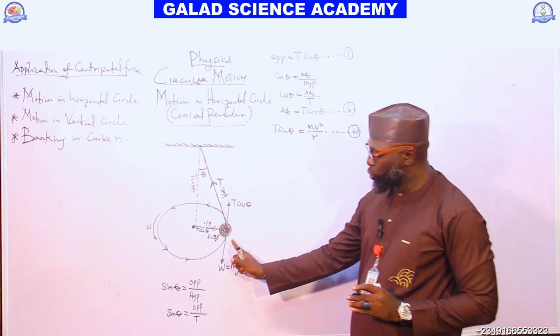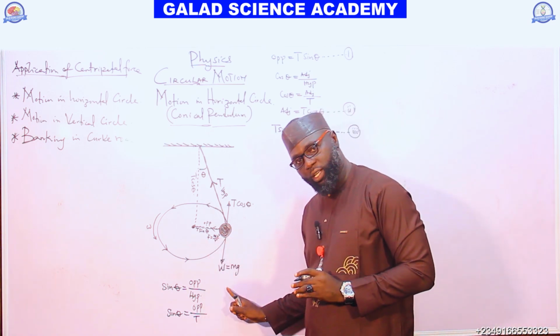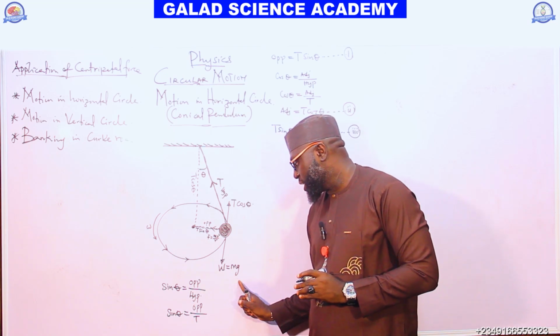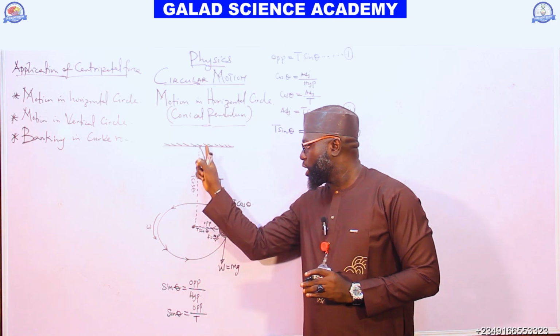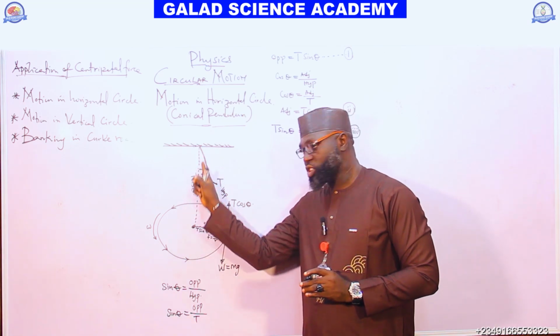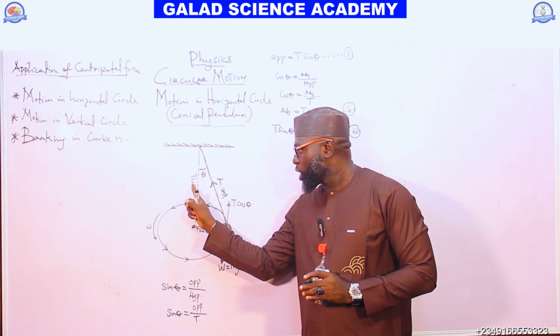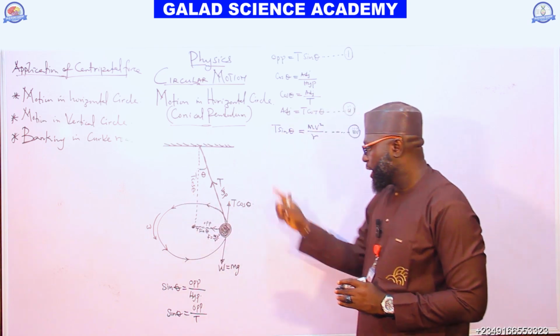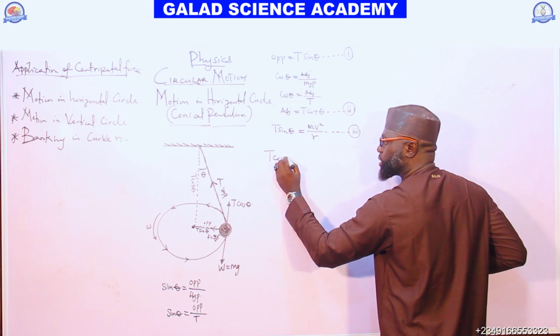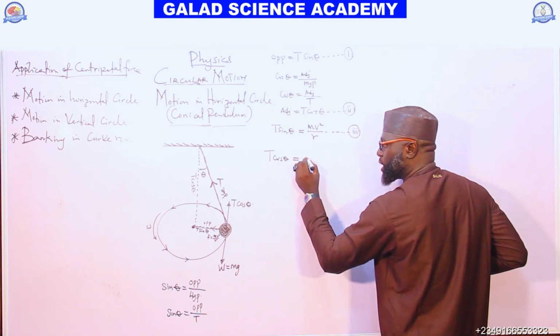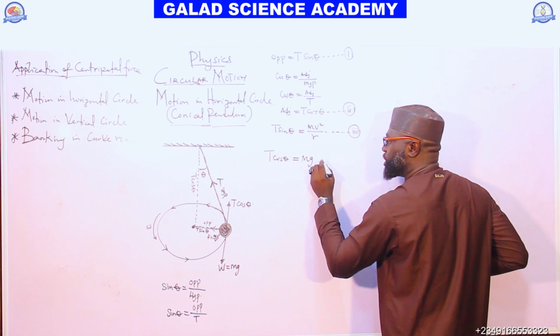Then this weight of the ball that is acting down, mg, is equal to the adjacent component here, which is T cos theta. So you now have T cos theta equal to the weight mg.